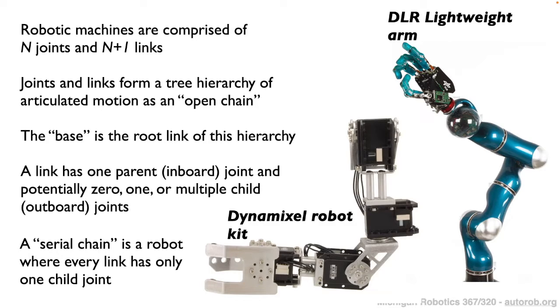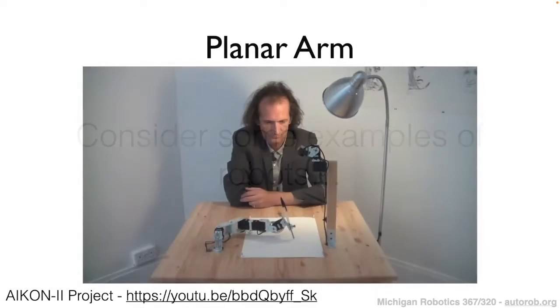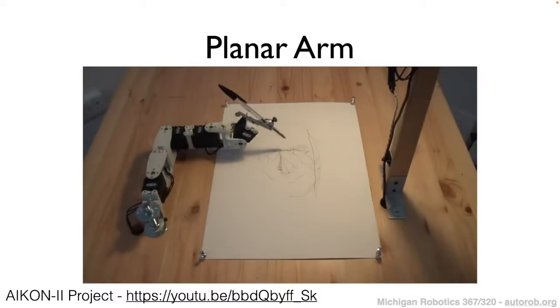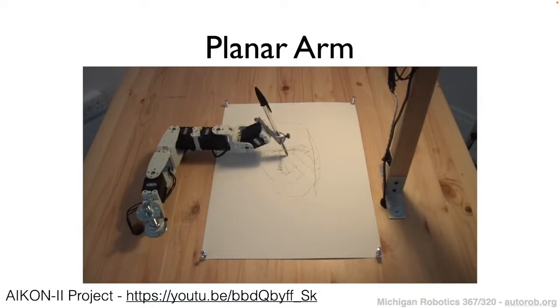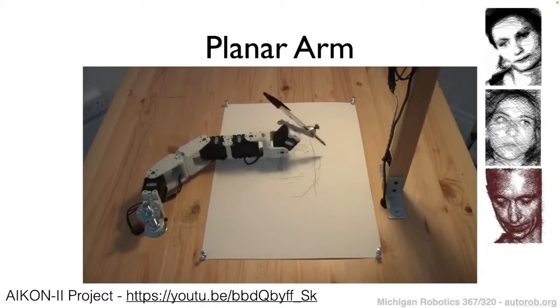All right, so let's look at a few more concrete examples of robots and consider how they fit into this notion of a kinematic structure that we've been discussing. To start, let's consider a planar robotic arm. This particular example comes from this really neat Icon 2 project that was used to actually draw portraits of humans. In this video, what you'll see is the robot arm drawing out the lines to make up ultimately a portrait.